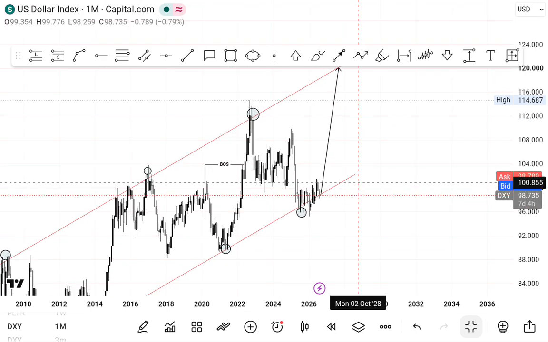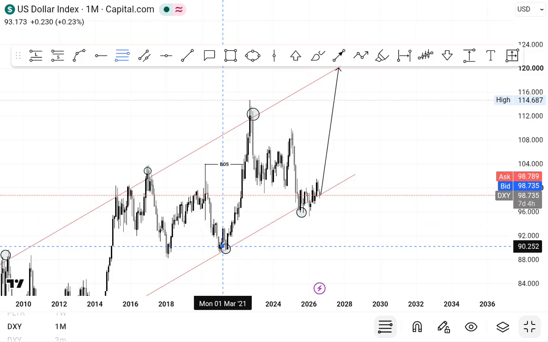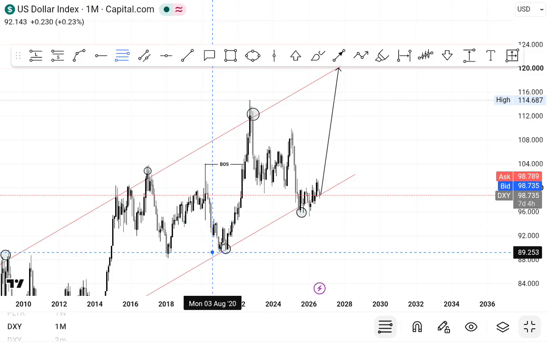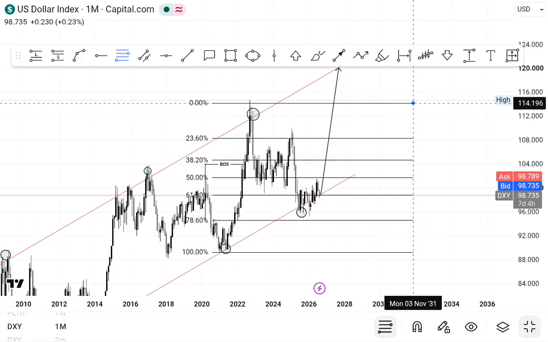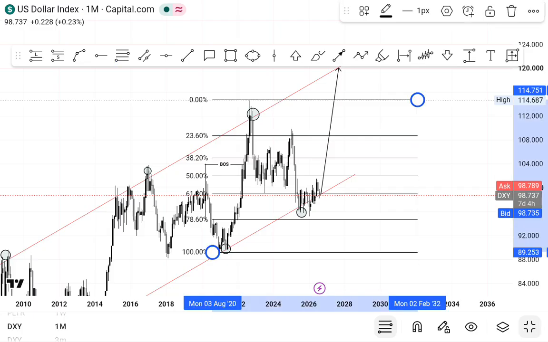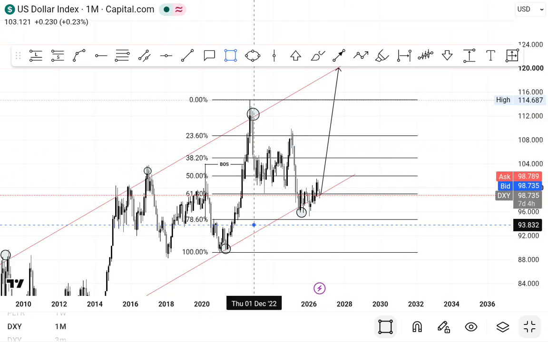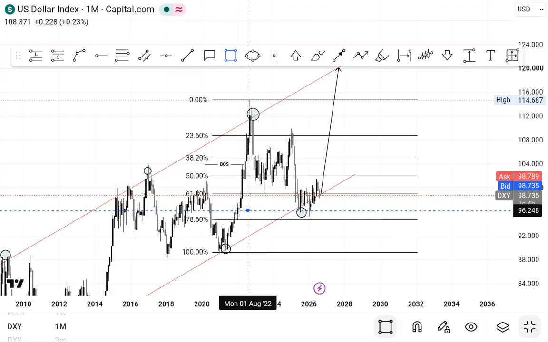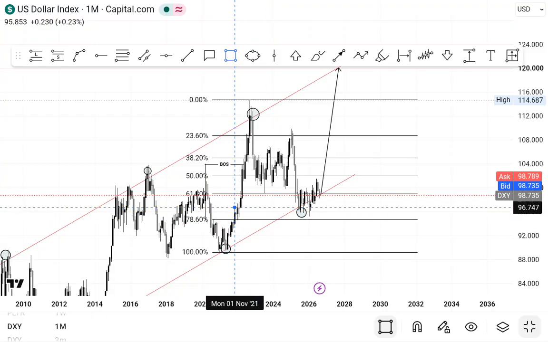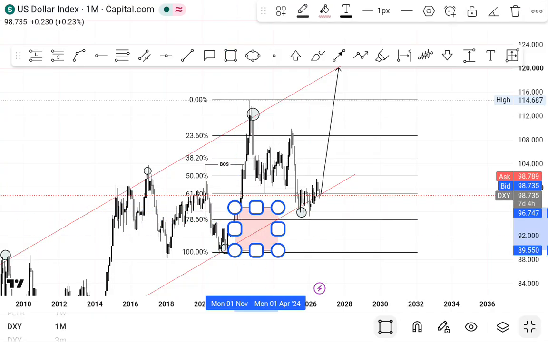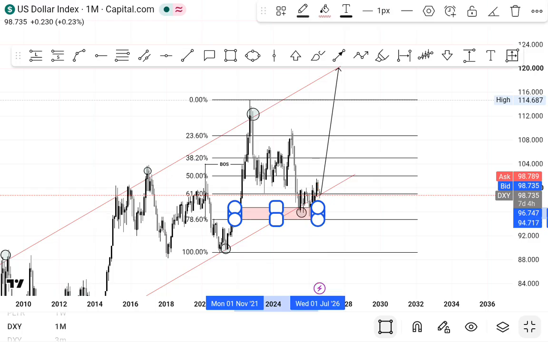So from this high and low, if I take my Fibonacci from the bottom to the top, you can see that price has retraced 50% to 71.8 POIs.